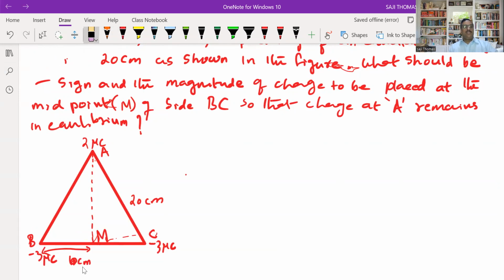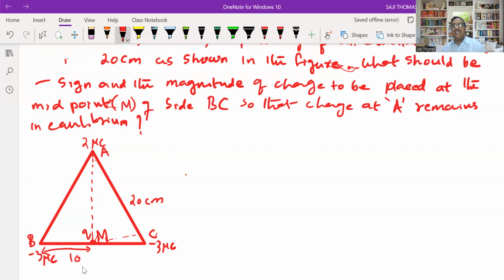So according to the question, you have to find the charge placed at the point M. Suppose you are placing a charge q at M. You need to find the magnitude and sign of the charge so that the charge at the vertex A is in equilibrium.